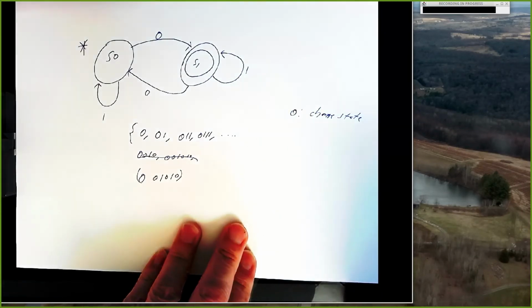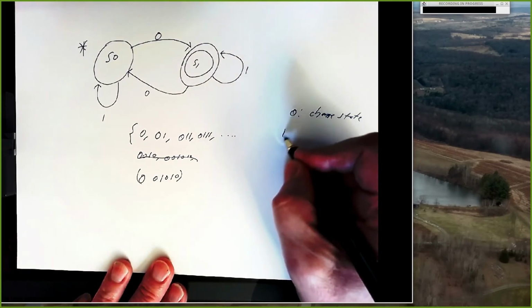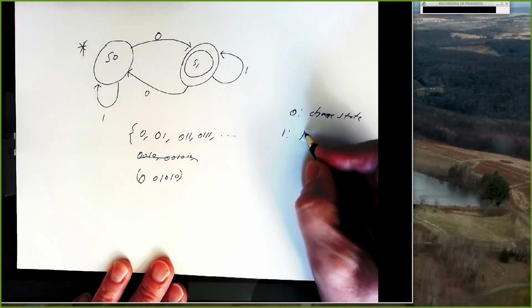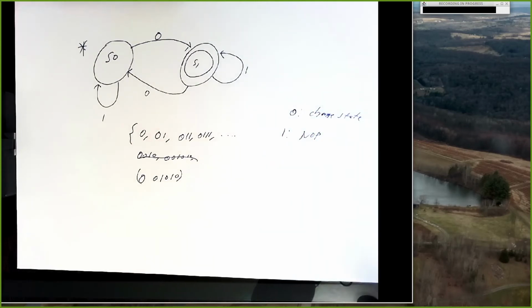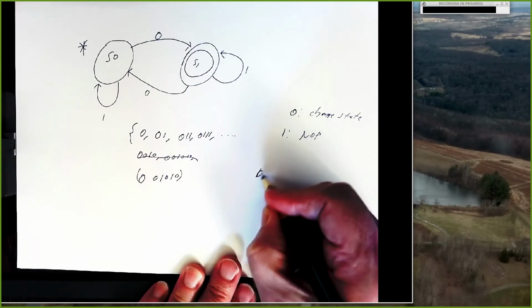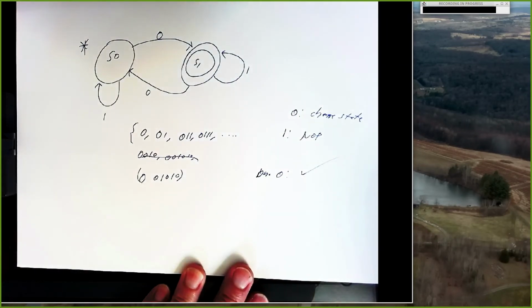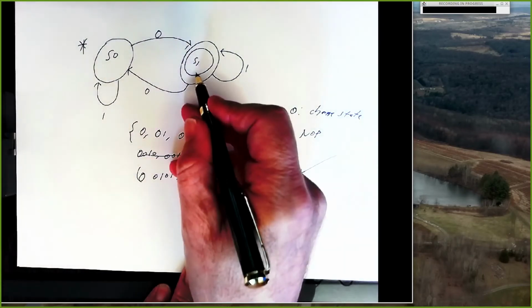What do ones do? They just remain in that state. Yeah, 1 has no effect on our state. The zeros are the only things that cause us to change state. And so if we have 1, 0, that's recognized, because that'll put us in S1.